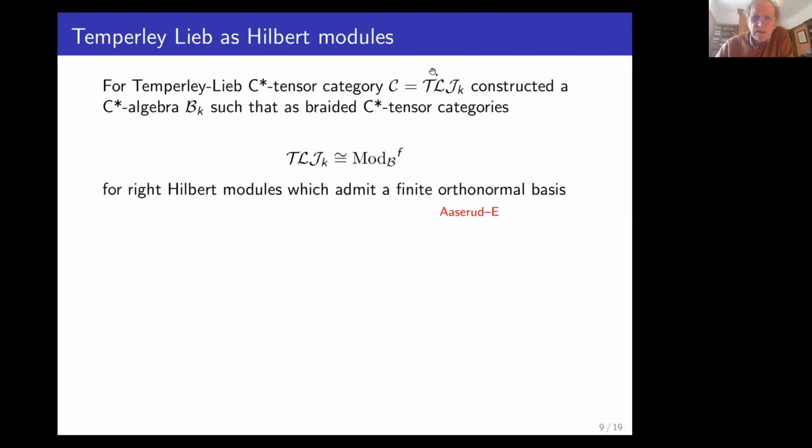So this is my abstract tensor category, which for the purposes of this sheet is just, say, SU(2) at level K. And then we construct a C-star algebra B_K such that the category is reproduced by certain Hilbert modules for that C-star algebra.